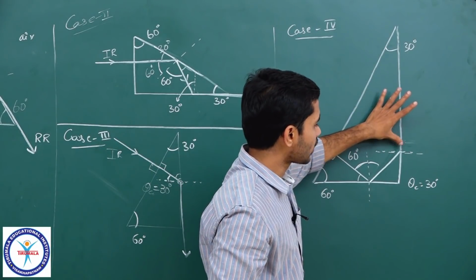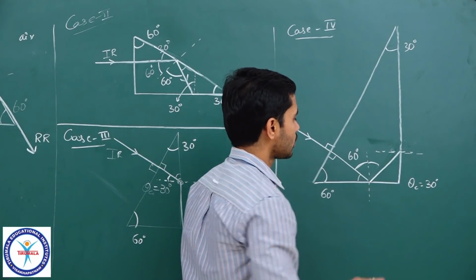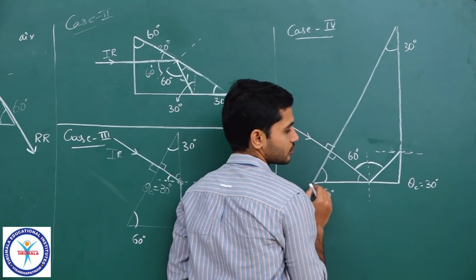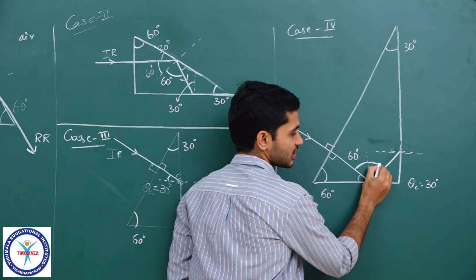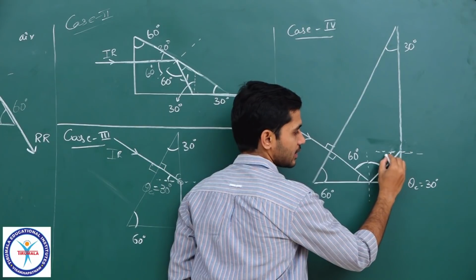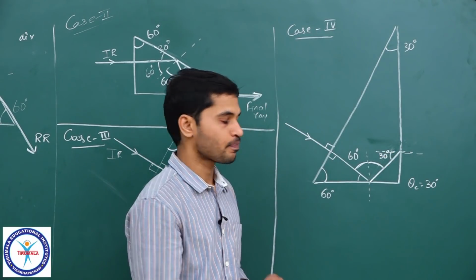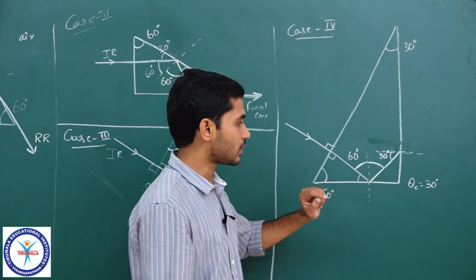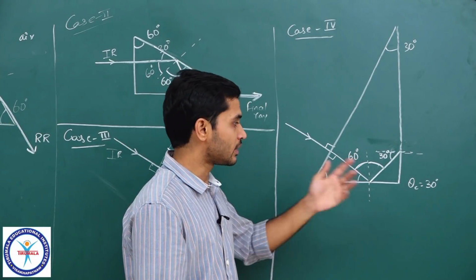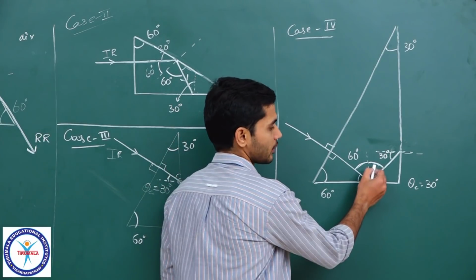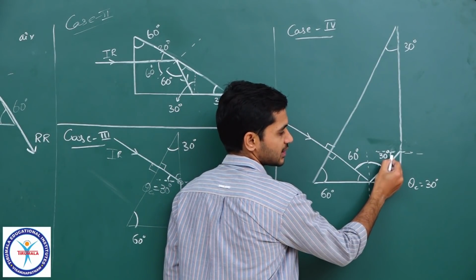And now let us see what happens at this interface. So this is 60, correct. So if this is 60, I can easily say that this angle would be 30 degrees, correct. So draw the diagram clearly by yourself, you will clearly understand that. So yeah, this is 60, this is 30.